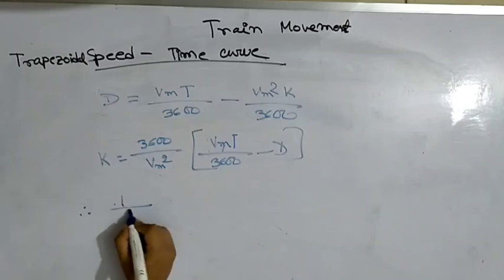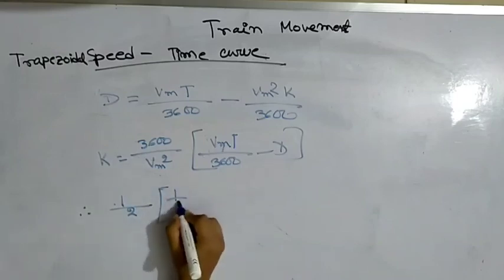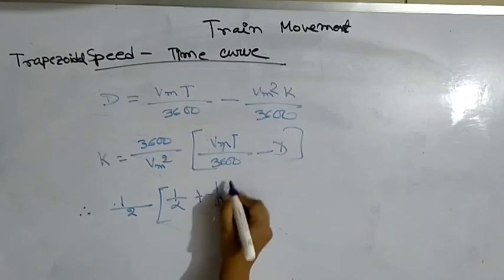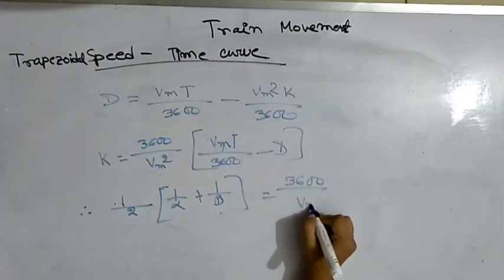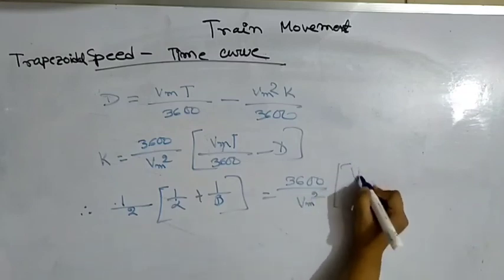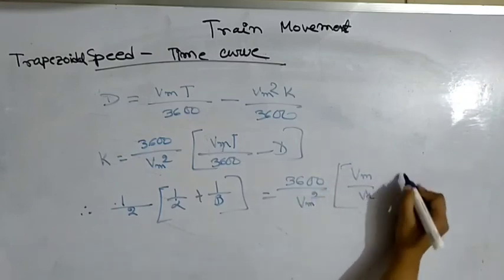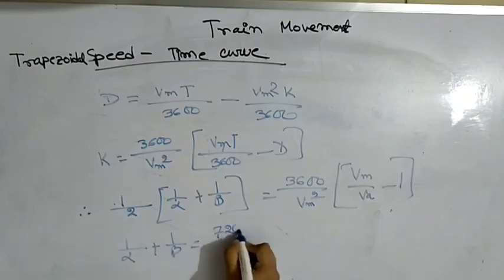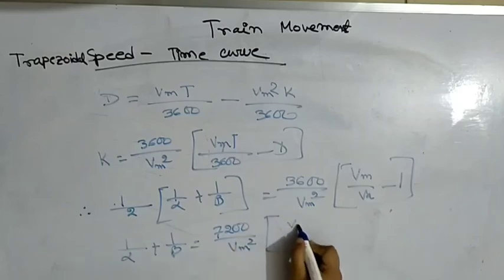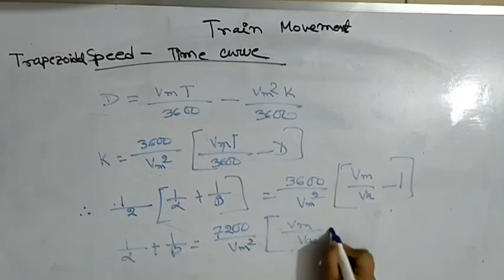So therefore half (1 by alpha plus 1 by beta) is equal to 3600 by Vm square (Vm T by 3600 minus D), which gives Vm by Va minus 1, where Va is the average speed. So 1 by alpha plus 1 by beta is equal to 7200 by Vm square (Vm by Va minus 1).